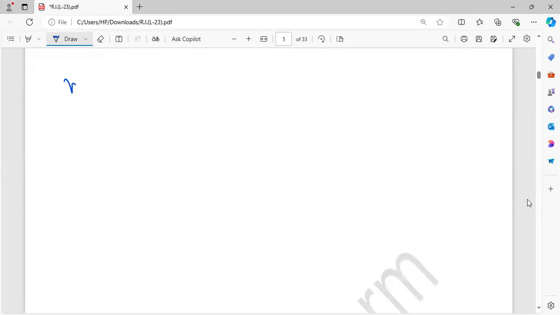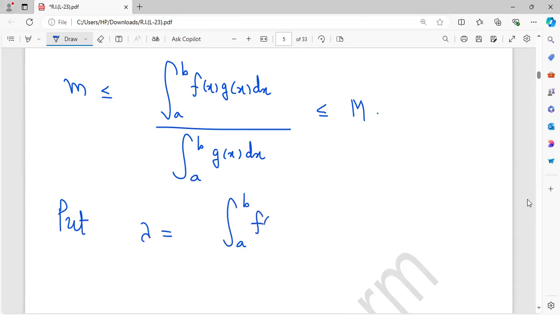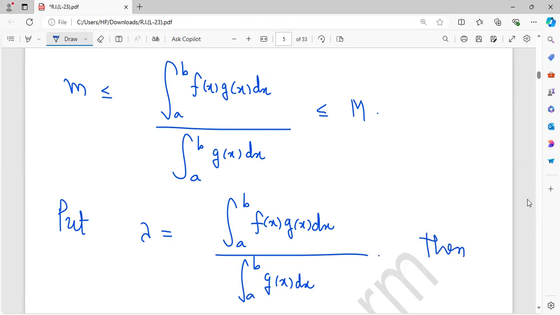We get m is less than or equal to the integral of f(x) g(x) dx upon the integral of g(x) dx, and that is less than or equal to capital M. So put lambda equal to the integral from a to b of f(x) g(x) dx upon the integral from a to b of g(x) dx.